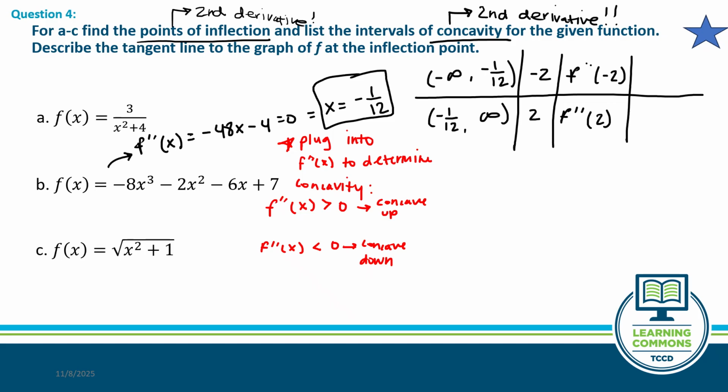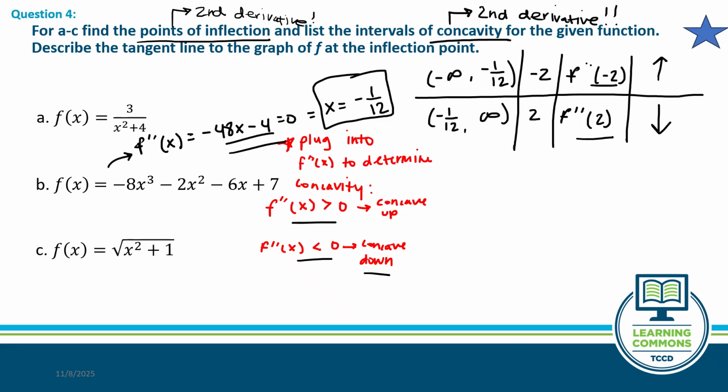Okay, so this is concave up and this is concave down. I would probably write concave up and concave down, but for this scenario, it's because I'm telling you. So plug negative 2 back into here, plug 2 back into here, whatever that's going to end up being. If it's greater than 0, you're concave up, less than 0, concave down. Okay, same old, same old.